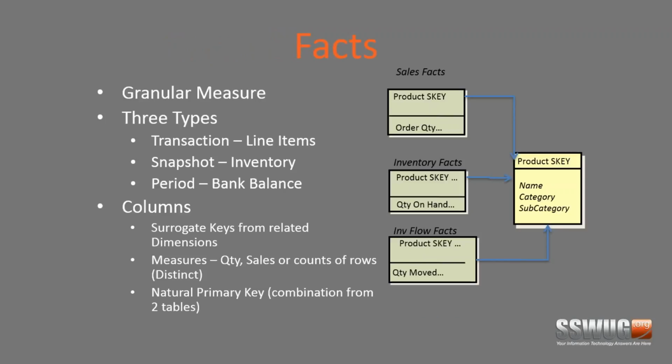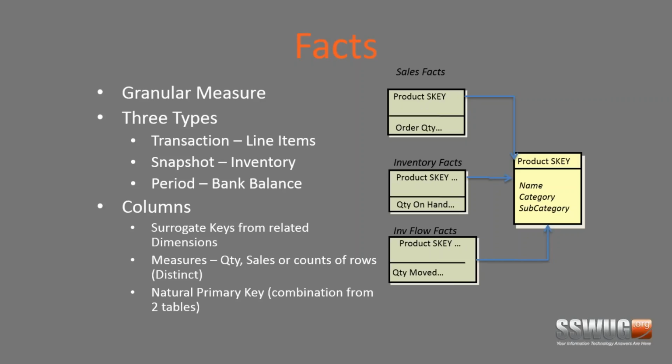So what is this conformed dimension? If you notice here in our picture, we have a product surrogate key and our sales fact, inventory facts, and inventory flow facts, all different types of fact tables, all have that same product surrogate key related to them. So product is conformed between these three facts. When you develop facts, you're looking at granular measures.